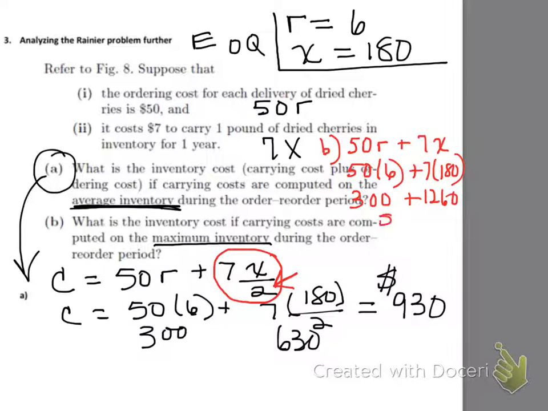So now in case B, I have an inventory cost of $1,560. So you see that this price has gone up significantly from the $930, and the change happens because of what I have circled in red. Average inventory calculations are cheaper than maximum inventory calculations. That is your economic order quantity discussion.